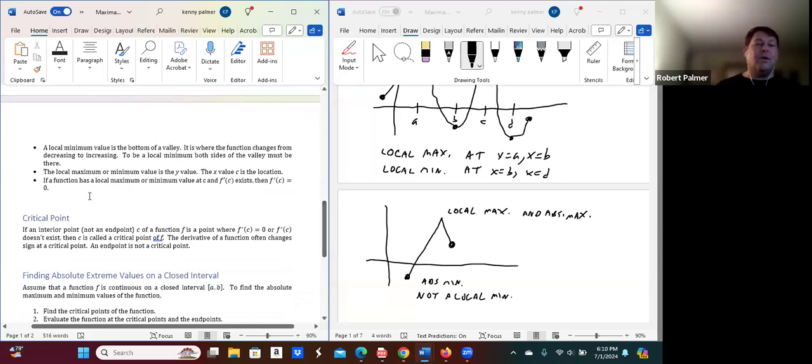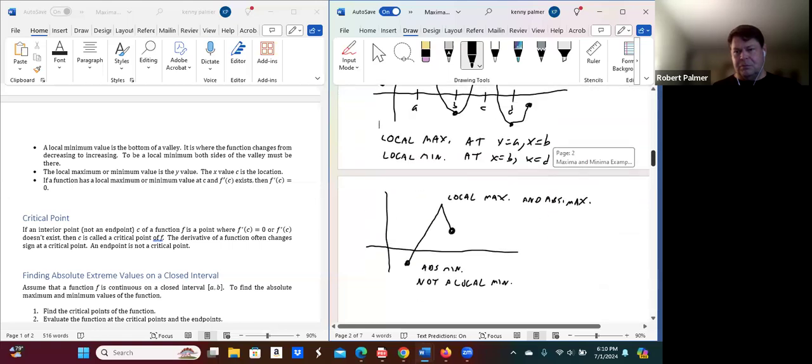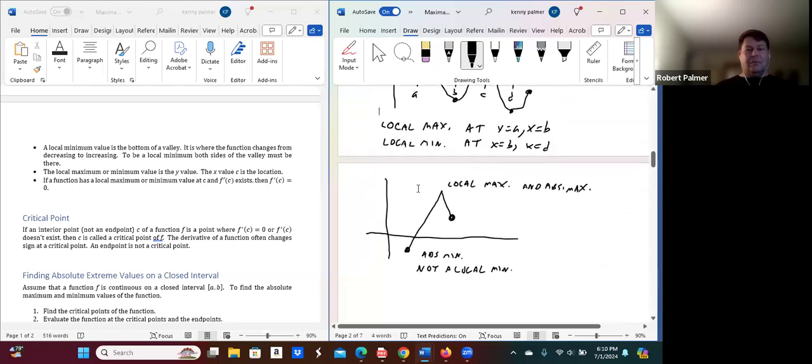And then one more thing to wrap up with this idea is if a function has a local maximum or minimum value, like the ones we were just talking about, and the derivative at that point exists, then it's going to be 0. Okay, because as I just said, let's see, I lost my train of thought.